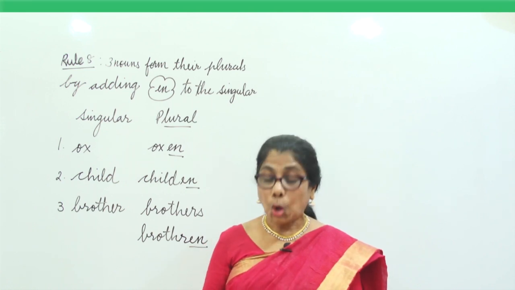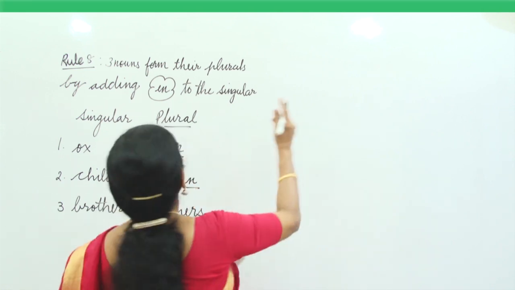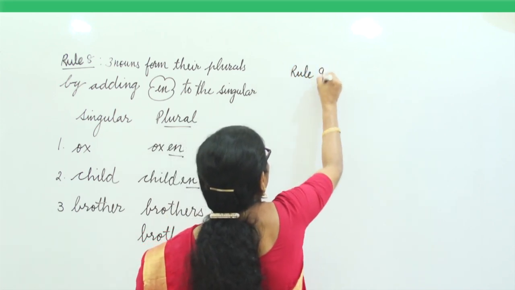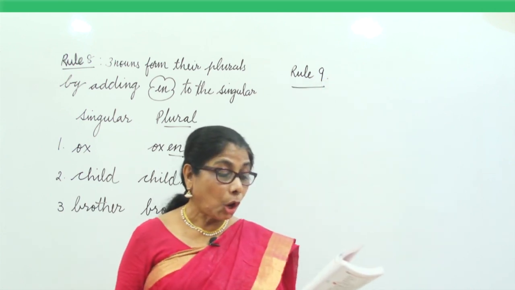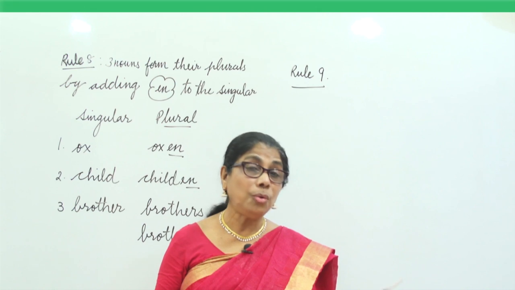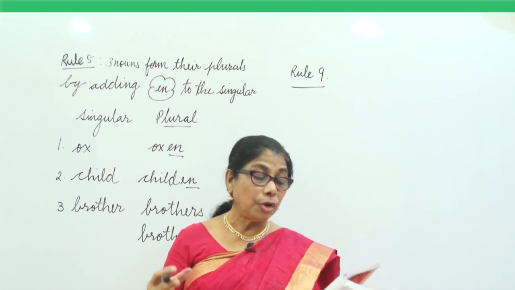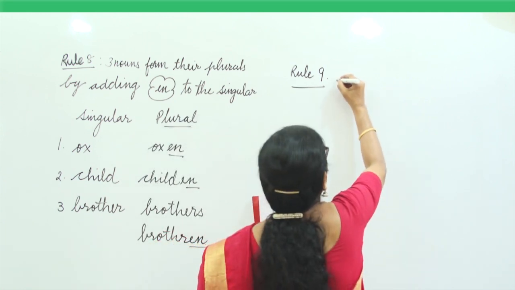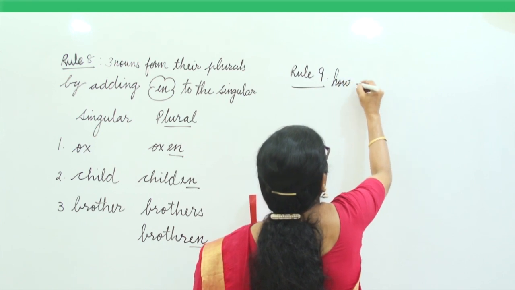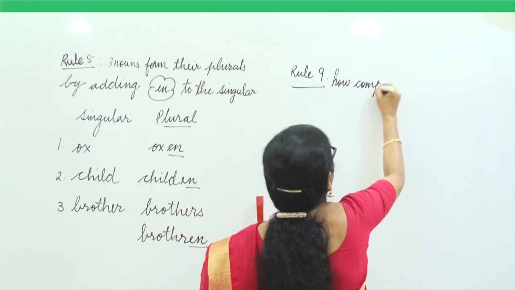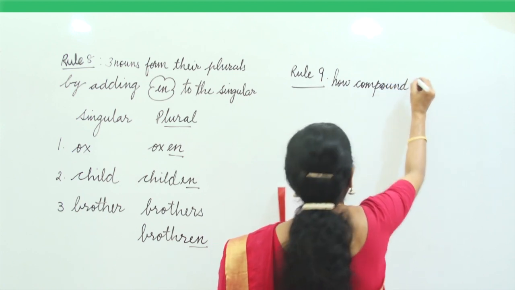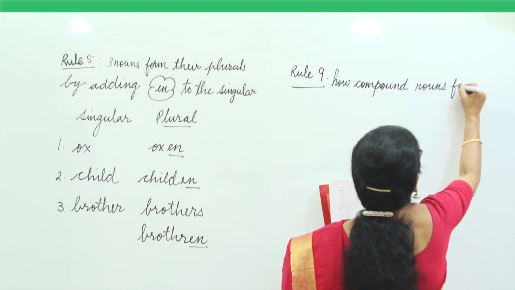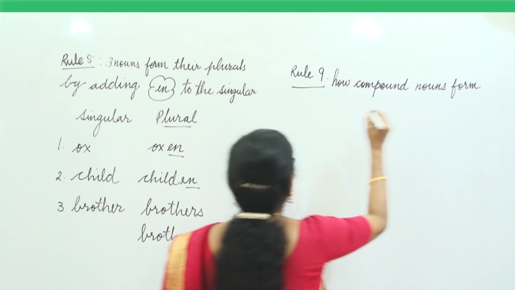Now we go on to compound nouns, rule number 9. How compound nouns form their plurals.